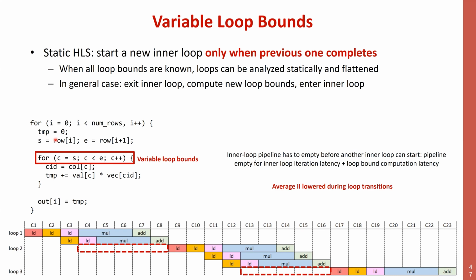And so I have to empty the pipeline between two of these. If, for instance, this matrix is very sparse and there are only 1, 2, 3 non-null elements for any row that has non-null elements, I end up losing a lot in terms of II between these iterations. And so the performance may be particularly poor.